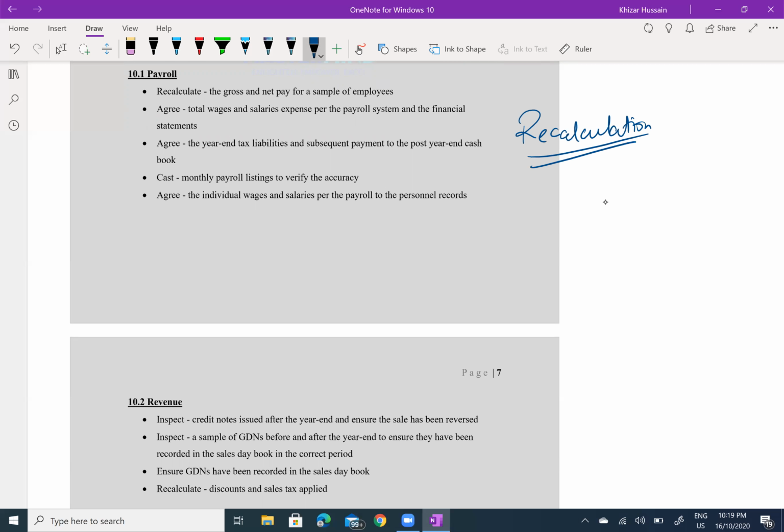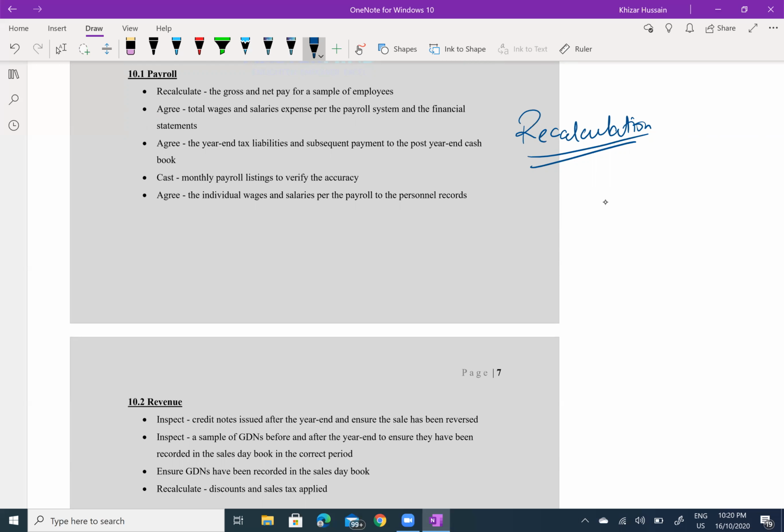What we used to technically do was, let's say, salary expense. You want to vouch the salary expense. The first thing that we used to do was recalculation. How? Incoming employees, outgoing employees, you deduct the outgoing employee salary, you add the incoming employee salary, right? And those salaries which relate to the employees who have been constant throughout the year.